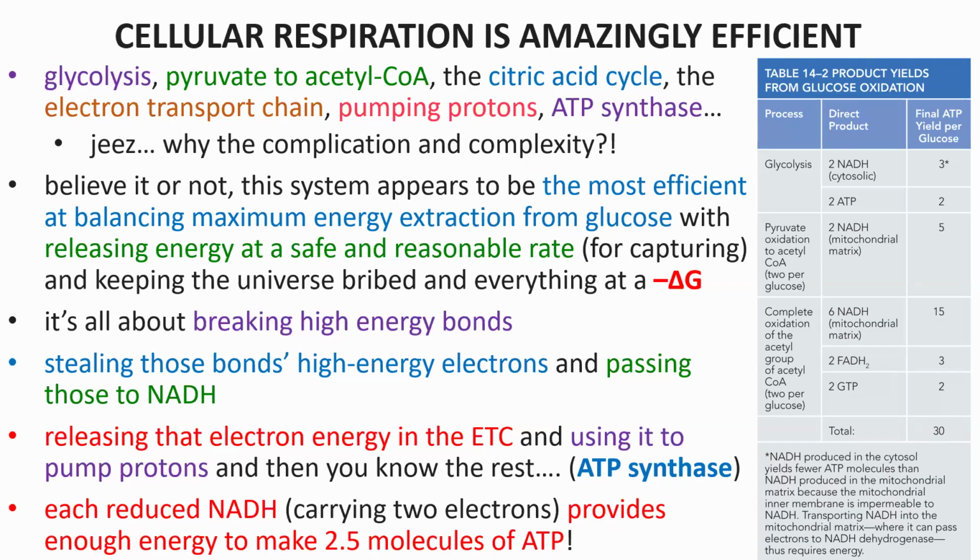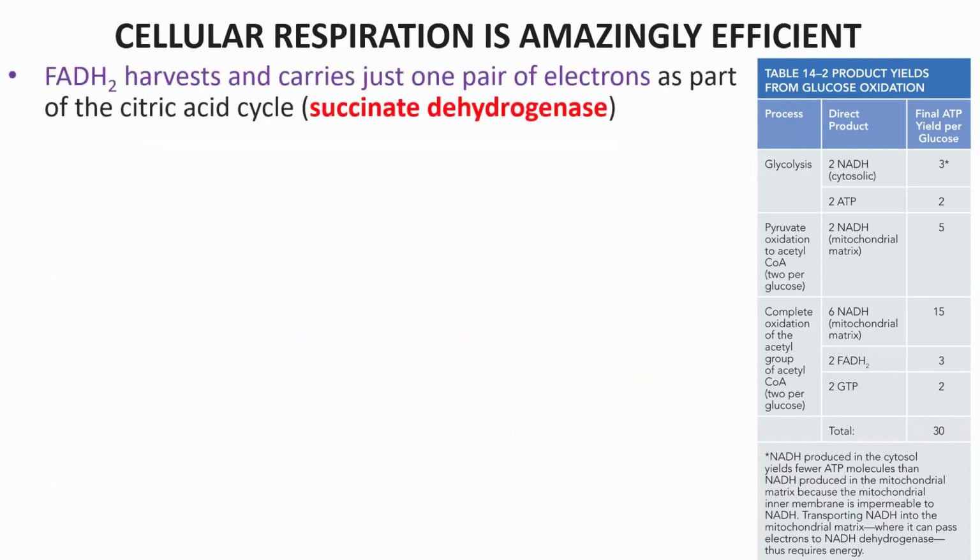So 2 FADH2 from the citric acid cycle, 3 ATPs from that. And then we make 2 triphosphates, right? We run the citric acid cycle twice for each molecule of glucose. So we make 2 triphosphates. So you total that up, and that's 30 ATPs from 1 molecule of glucose when we're allowed to do this entire process, glycolysis to the citric acid cycle, to the ETC to OxPhos.